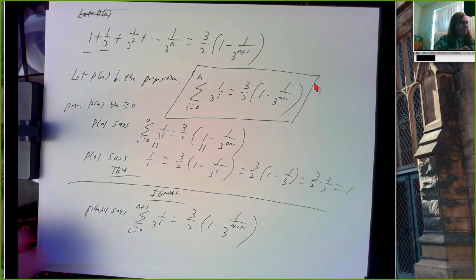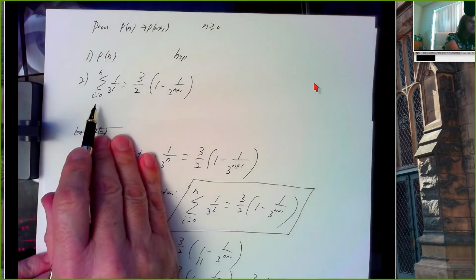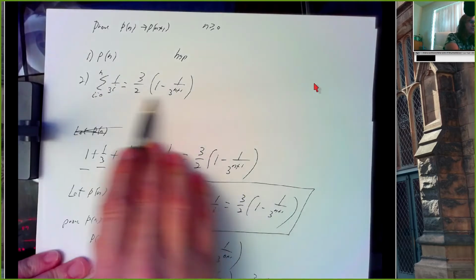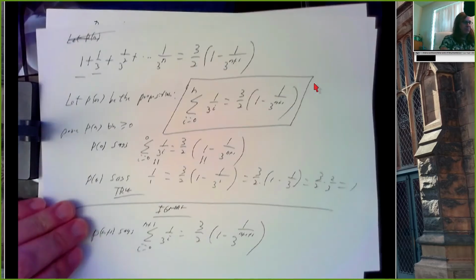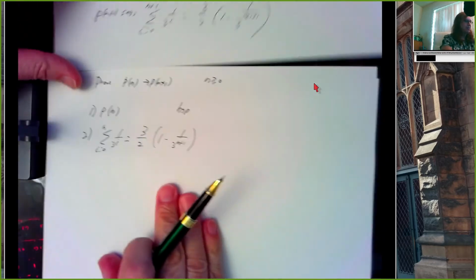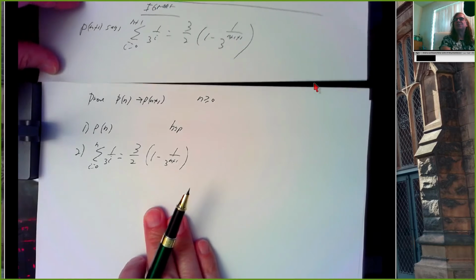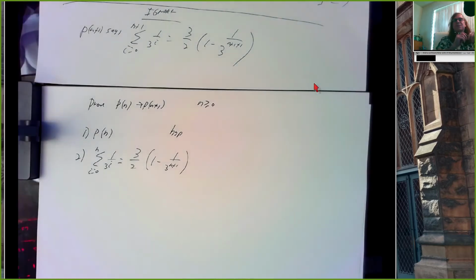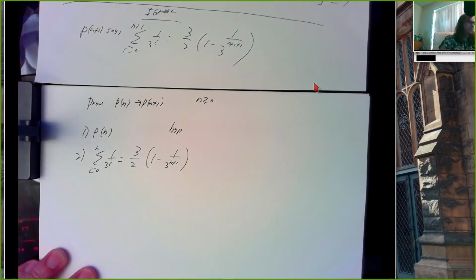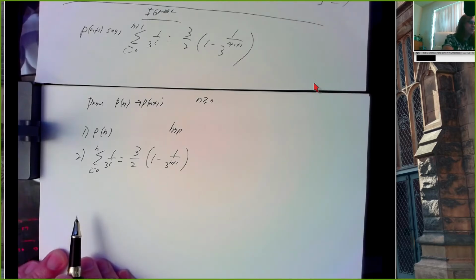Well, we know this, right? We're assuming P of n, so we know that this is true, and we're trying to show that this is true. And so here's this point in our inductive proof that we need to find something clever to do. And this is the only thing I know, this and algebra, right?